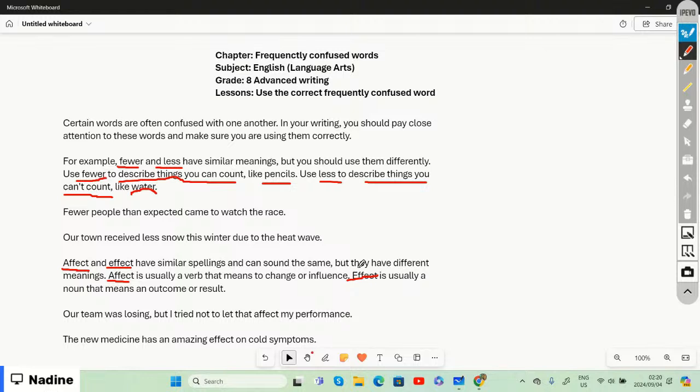And usually with fewer or less, because they have similar meanings, most people think that we can just use them interchangeably. We can say there's less people. But in actual fact, even though they have similar meanings, you need to use them differently.